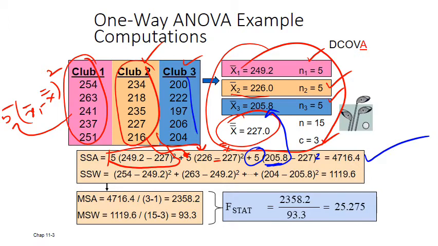And for SSW, we start from the first number of that group. We subtract the mean of that group; the mean of that group, x bar 1, is 249. So 254 minus 249. The next value is 263 minus the mean of that group. We continue with 241 minus the mean of that group, 237 minus the mean of that group, 251 minus the mean of that group.